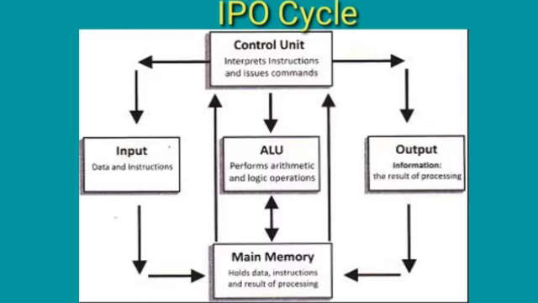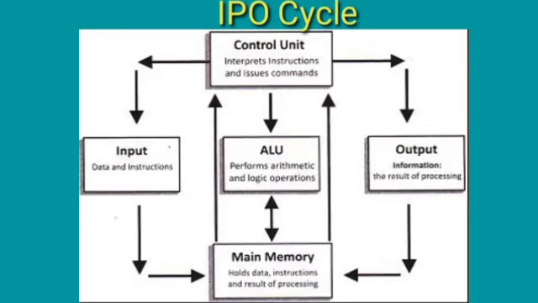For example, if you have given the instruction to add two numbers like 2 plus 5, the instruction goes to the control unit and the control unit issues the command to the arithmetical and logical unit. The arithmetical unit performs the arithmetical instructions and the logical unit is responsible for performing the logical instructions.